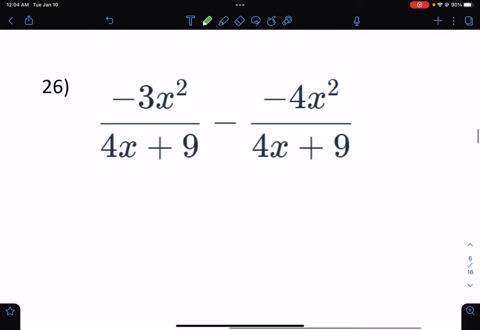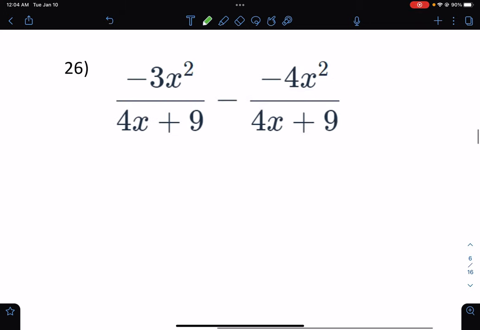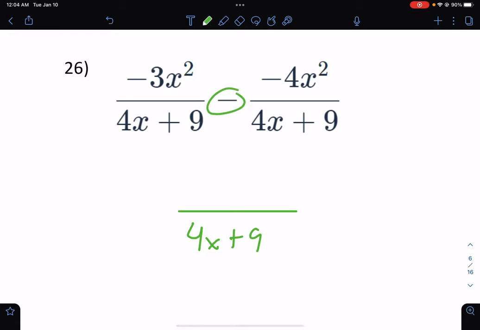All right, and same deal here. We've already got our common denominator. Our common denominator is 4x plus 9. Now in this case, it's subtraction. What you have to make sure you do is this minus sign has to be distributed to everything on top here. In this case, there's only one term on top.